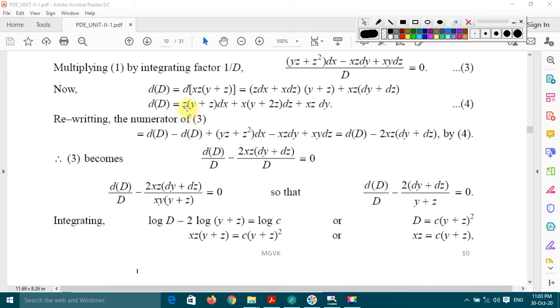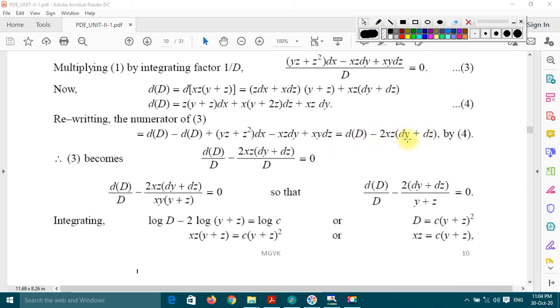You get yz plus z square dx with negative sign and yz plus z square dx with positive sign cancel out, minus xz dy minus 2xz dy, and xy dz with positive sign and minus xy dz cancel, leaving minus 2xz dz. So we get dD, meaning the total differential of capital D, minus 2 times xz in bracket dy plus dz.